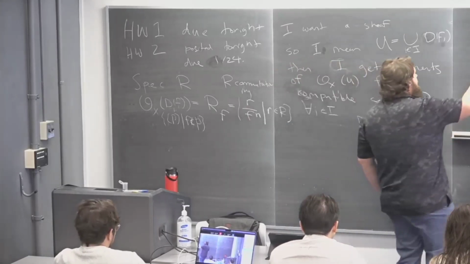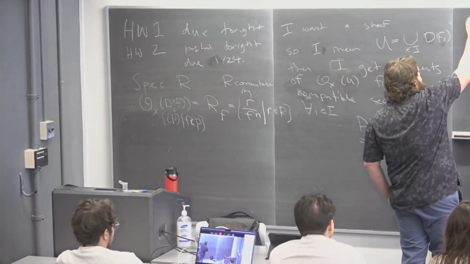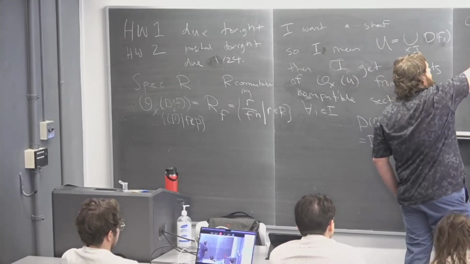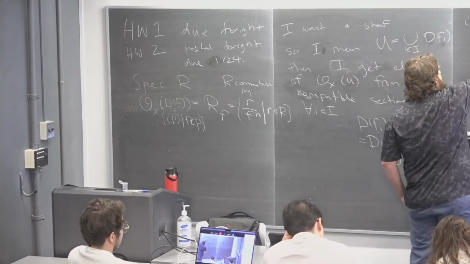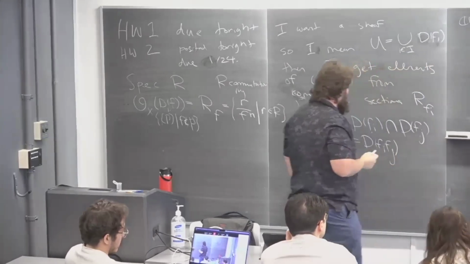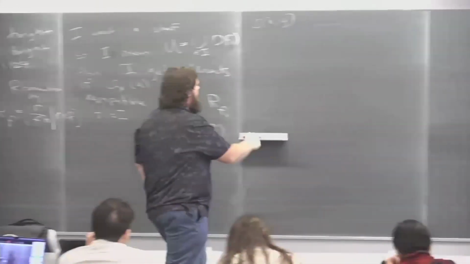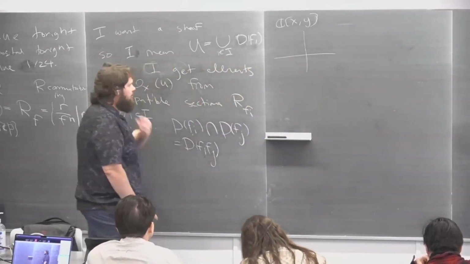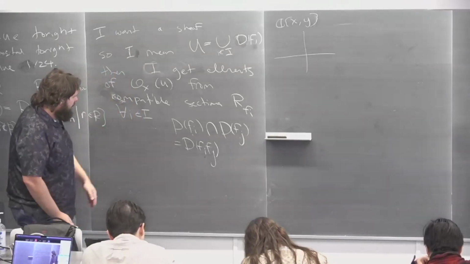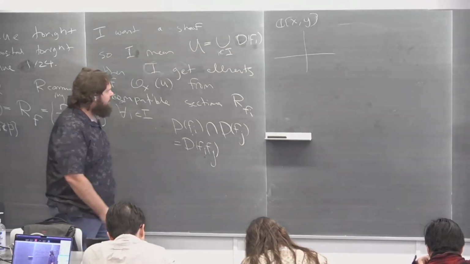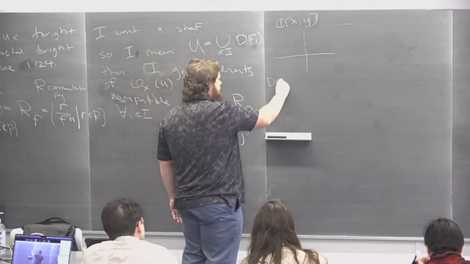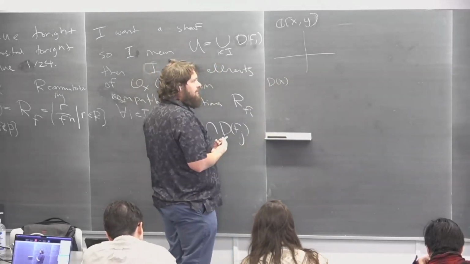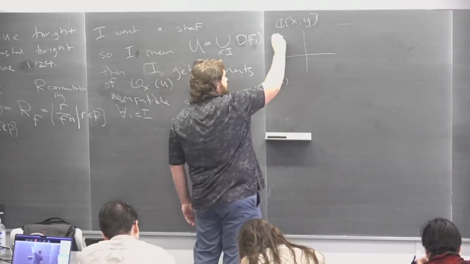So the kind of thing you should think about, if I look at C[x,y], let me not worry about other prime ideals. The maximal ideals in here give me a copy of C^2, and D(x) is the stuff where the x value isn't zero.